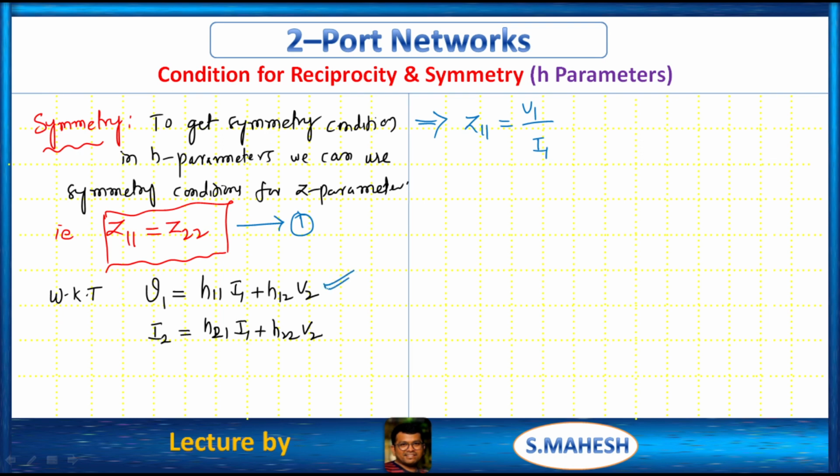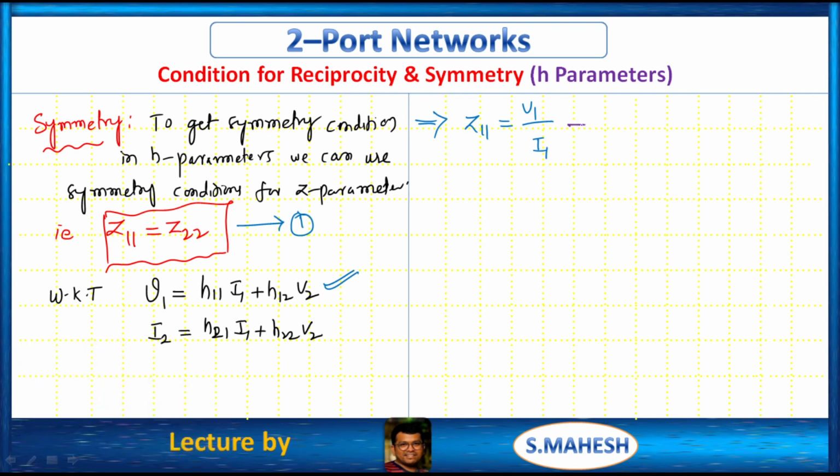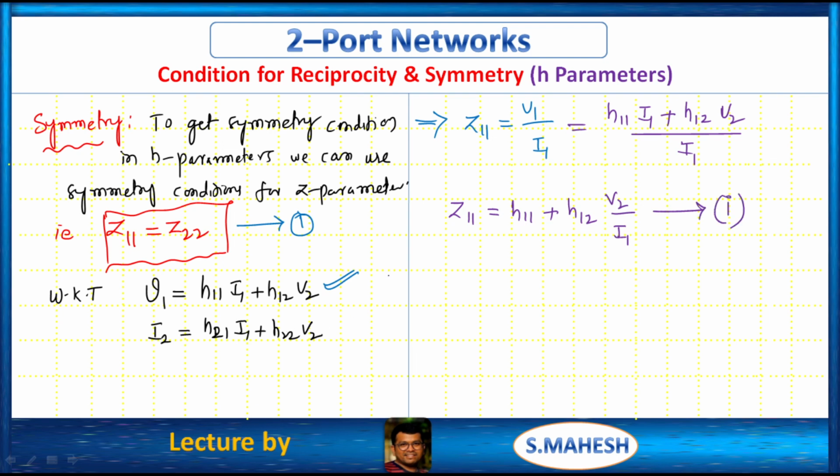From this, V1 = H11 I1 + H12 V2, divided by I1. Therefore, Z11 = H11 + H12 times V2 by I1. Let us say this is equation 1. From this we can get the value of V2 by I1.